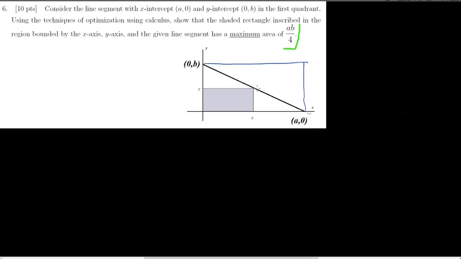So you can see what's going on here, right? This and this is just 1/4 of the area. This big rectangle has area A times B, so this is just 1/4 of it. So I drew it to scale, although I didn't say that, but that made it easy to see here.